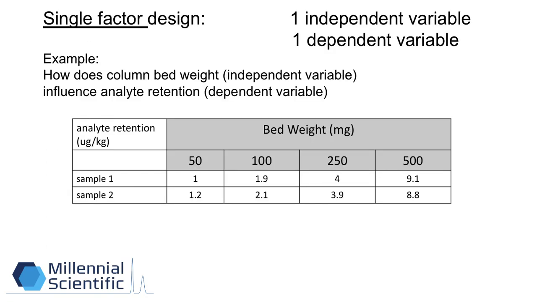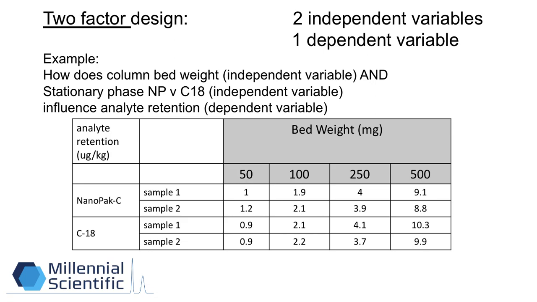To recap on the differences between the factor design, a single factor design, that means that there's one independent variable and one dependent variable. In our example, how does column bed weight, the independent variable, influence analyte retention, the dependent variable. Contrast that with the two-factor design, where we have 2 independent variables and 1 dependent variable.